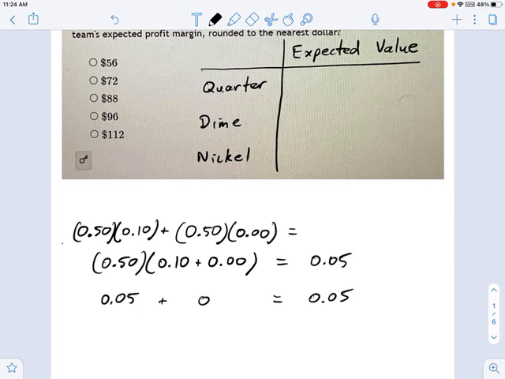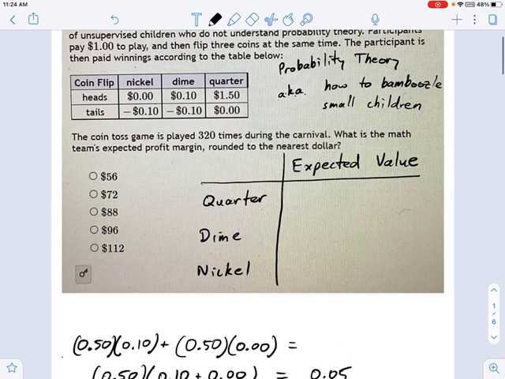So I'm going to set up that equation for each one of these quarter, nickel, and dimes up above. The expected value of the nickel is going to be negative 10 cents. I'll just keep using these numbers with the negatives. 0.10. Okay, so that's going to be negative 0.05. Okay. The expected value of the dime.